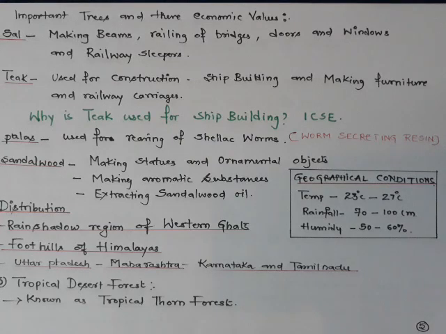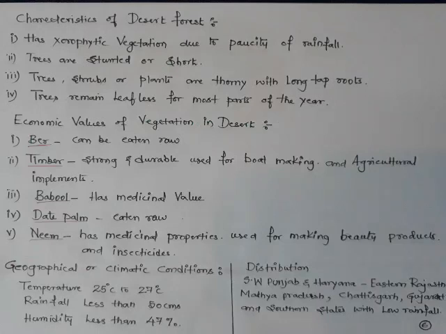Because as I told you earlier, anywhere the rainfall is scanty or less than 50 centimeter has desert forest, and their adaptation is that they have hard resistant stem and thorns in the place of leaves to prevent evapotranspiration. Hence, tropical desert forests are also known as tropical thorn forest.